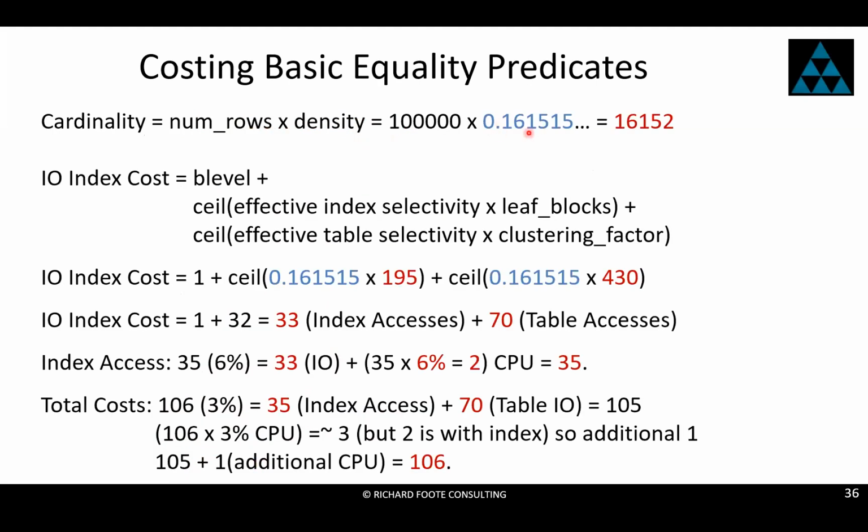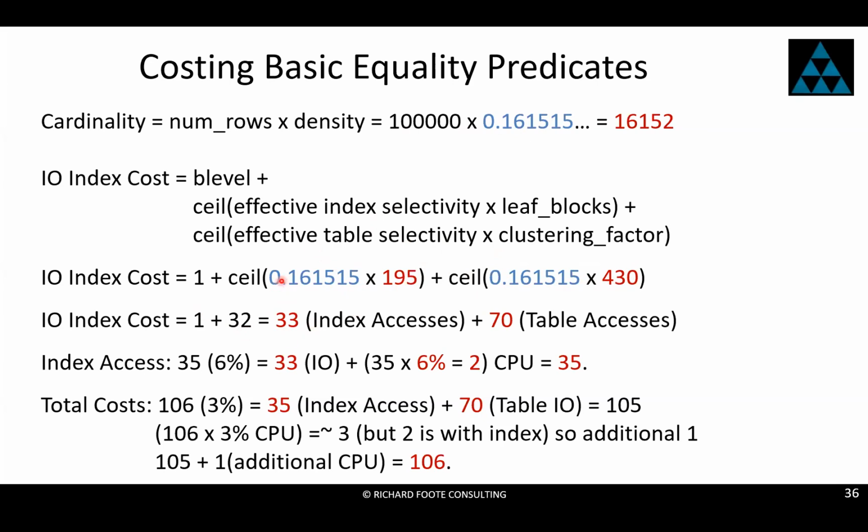When we multiply that by the 100,000 rows, that's where this number of rows is coming from. And it's in the right ballpark. If that's in the right ballpark, it means when we use it inside our formula, as this percentage of leaf blocks and this percentage of the clustering factor, we're confident that the cost will also be roughly in the same ballpark.